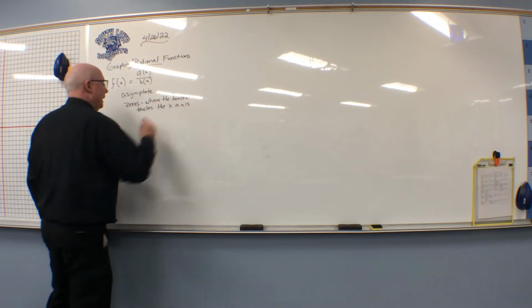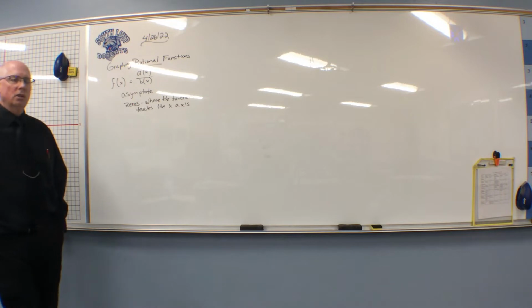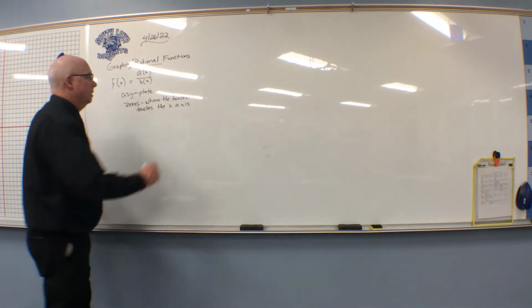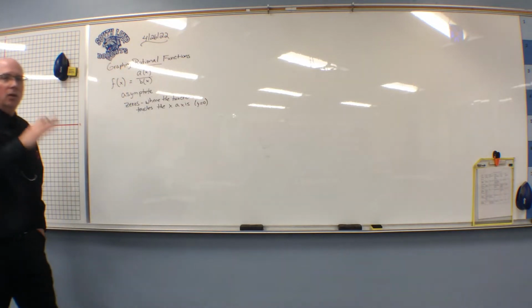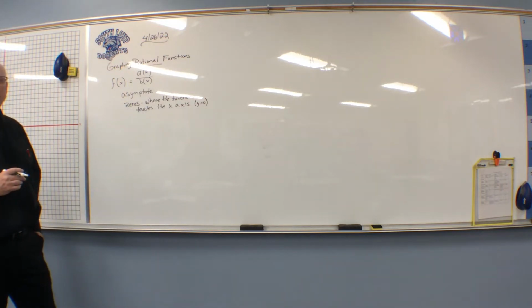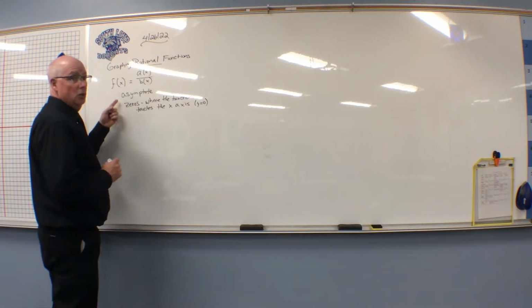Now, I don't know if you remember this or not, but zeros are also called solutions or roots because they satisfy the equation. They make the equation zero. So where it touches the x-axis means that y equals 0, right? We don't go up or down. Make sense? So we need to be concerned with these two things.